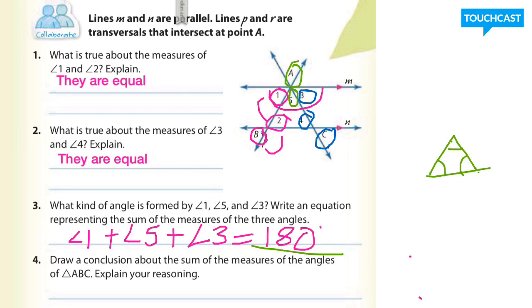And if you were to continue those line segments, or I guess lines, then you would also see that the vertical angles from those original triangles would also add up to be 180 degrees. We'll develop this further as the chapter continues, but this is all good information for us as we continue our study on triangles and their angles.